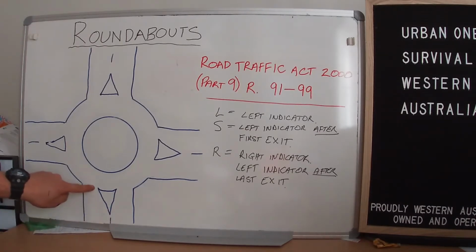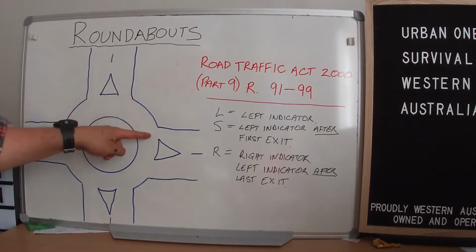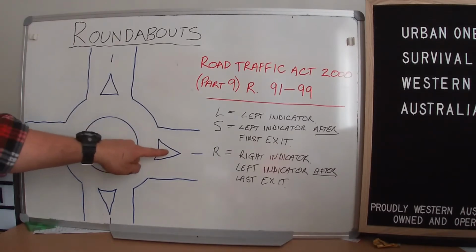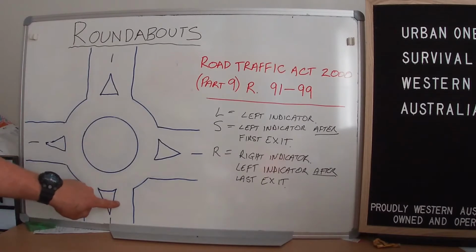You approach, you give way to your right, enter the roundabout, leaving your right indicator on. As you pass the last triangular median strip on your left hand side, before you exit, you want to put your left indicator on.